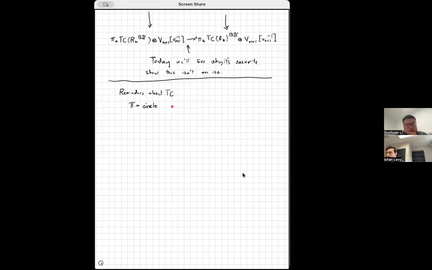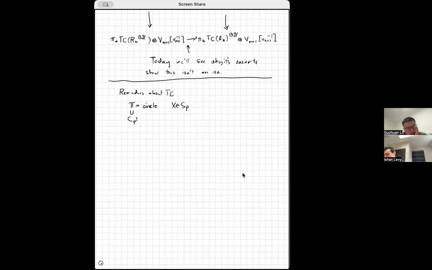There are various subgroups of the circle, for example, the cyclic groups of order p to the i. Really, everything I'm going to talk about today is going to be p-completed.